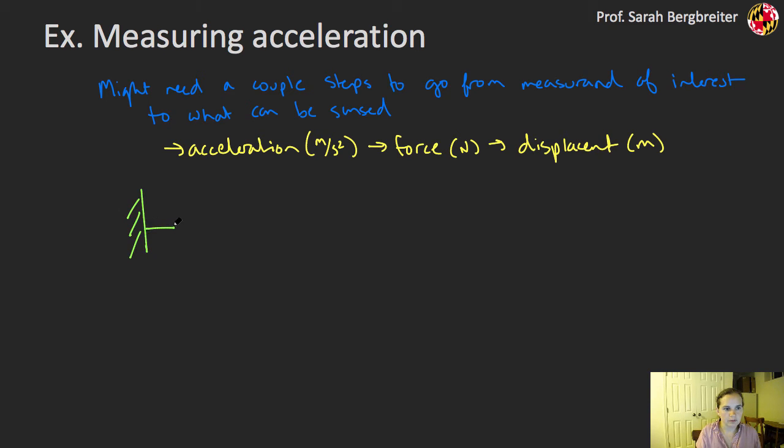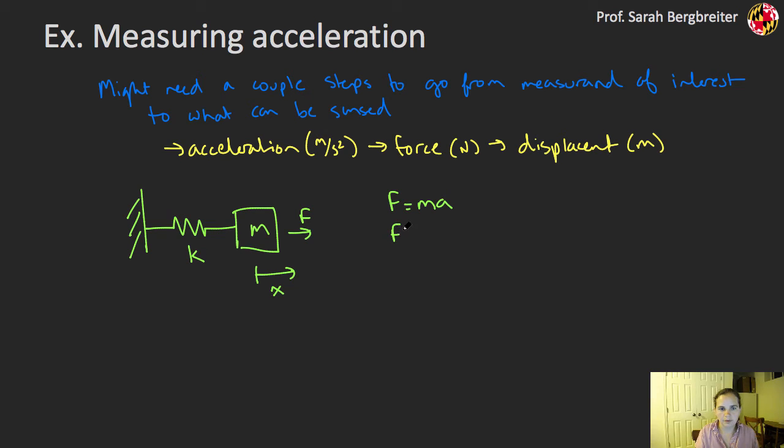An example of a sensor design that might do that, a very simple example, is a mass on a spring. If I apply a force on this mass, my force is related to my acceleration through that mass, and I'm looking at a displacement here of x.